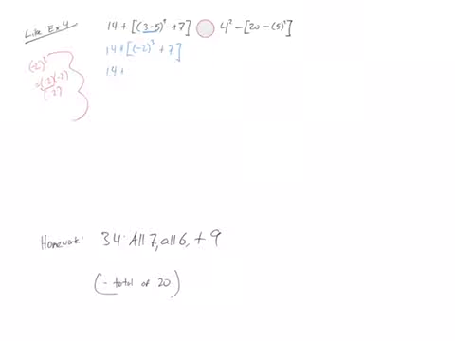So this part gives me 4 times negative 2, which is negative 8. 14 plus negative 8 plus 7 is going to give me negative 1. So this is going to give me 14 minus 1, which is just 13.